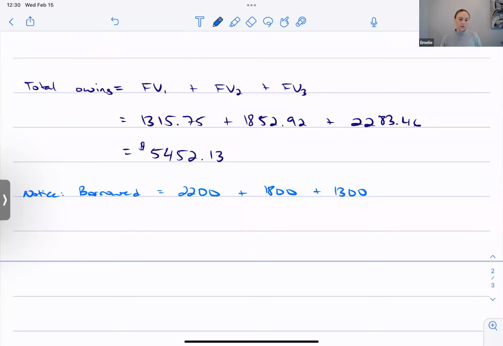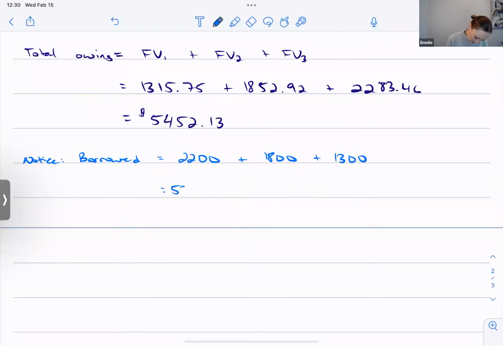Just do that quickly here on the side. Plus 1,800 plus 1,300. So she borrowed $5,300. How much is she over some period of time, right? So the total amount that she borrowed so that she had to use was $5,300.